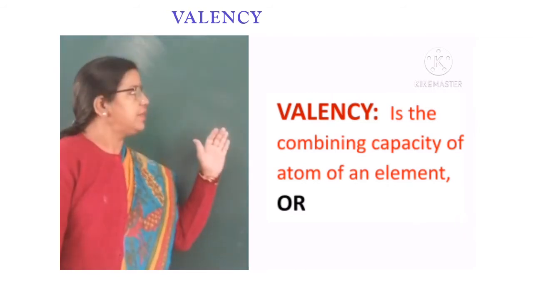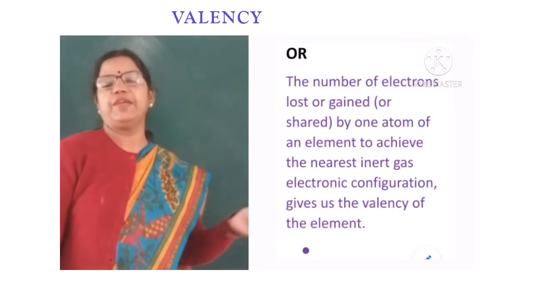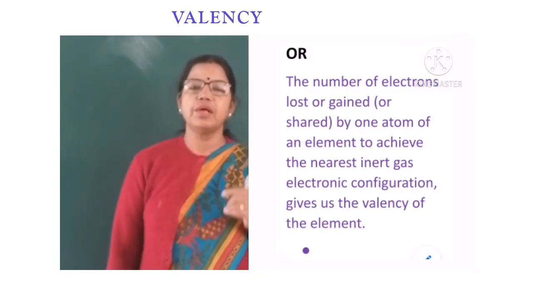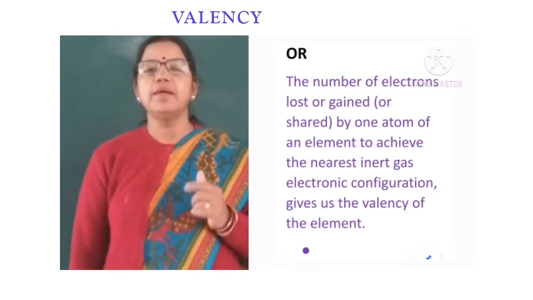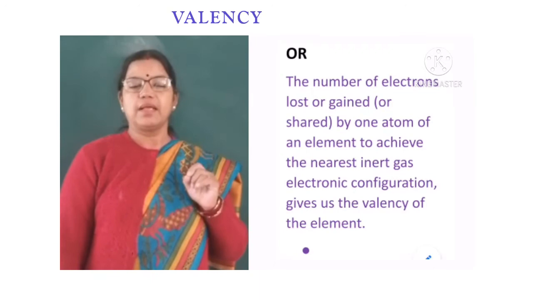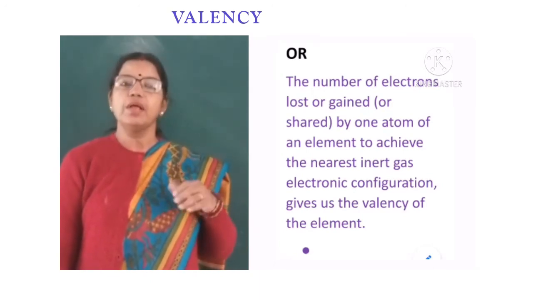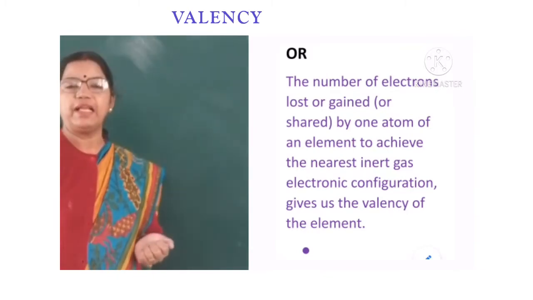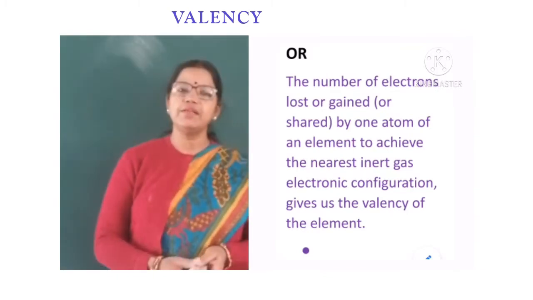In other words, we can also define it as the number of electrons lost or gained by an atom of an element in a chemical reaction, or the number of electrons shared by an atom of an element is also known as its valency.